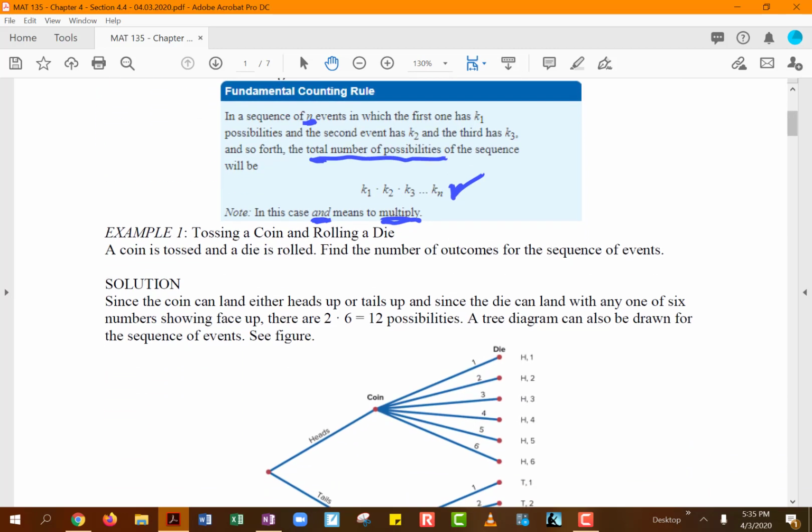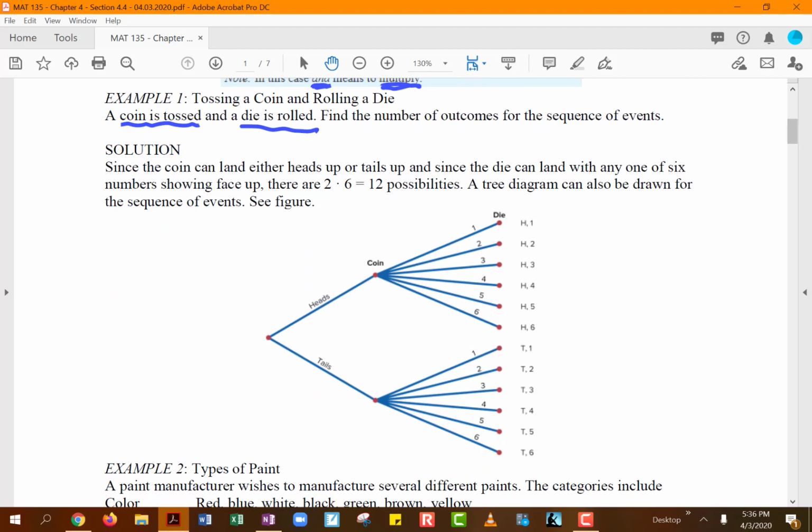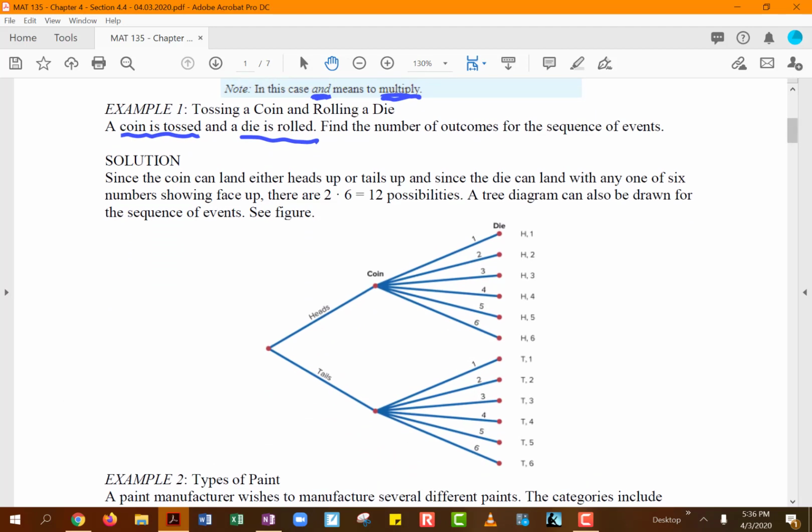So let's go ahead and take a look at how this fundamental counting rule works. Here we're talking about tossing a coin and rolling a die. Toss the coin first, and then we will roll a die. They want to know the total number of outcomes for this sequence of events. When you toss a coin, you're either going to get a head or a tail.